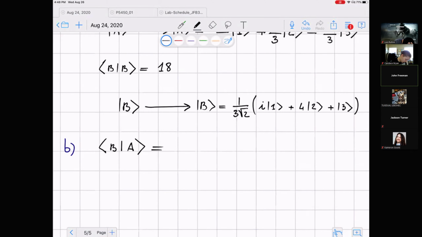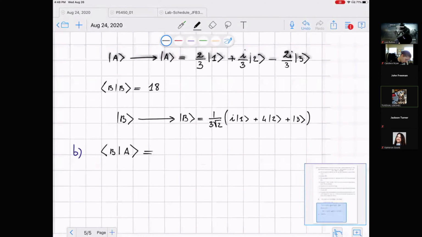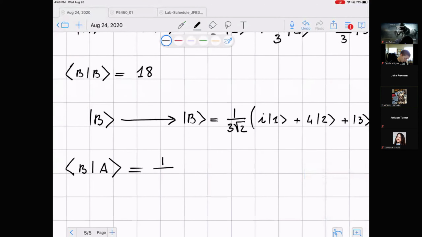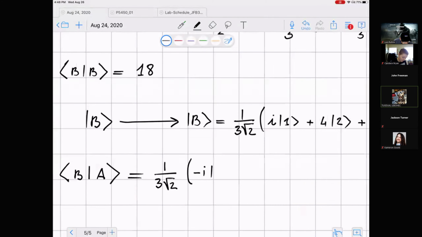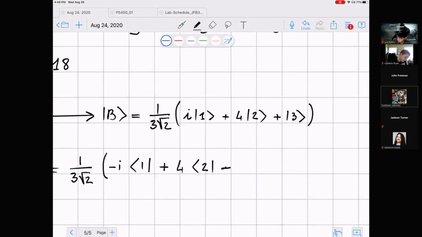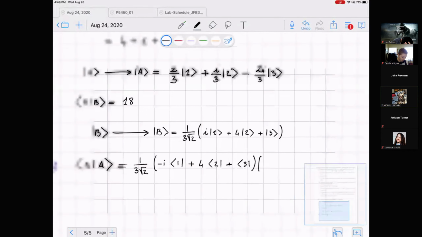And then multiply it by A. Right. So I'm going to write 1 over 3 square root of 2 times minus i, 1 plus complex conjugate of 4 is just 4. Complex conjugate of 1 is just 1. Multiplied by, I forgot what is A, but that's 2/3.